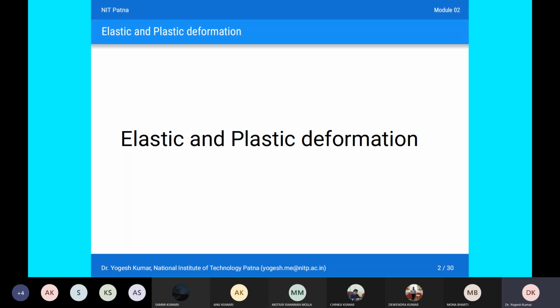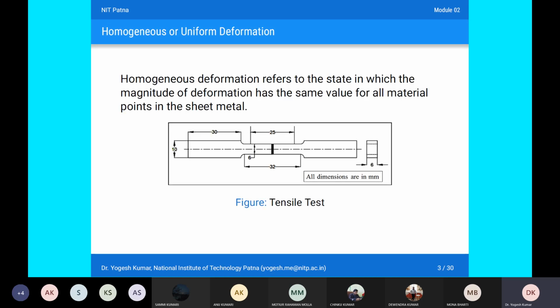You might have studied most of the components of this course in your previous courses like material science and manufacturing processes. Some kind of repetition you will find, but it will definitely enhance your knowledge in this area. Let me repeat what elastic and plastic deformation is.